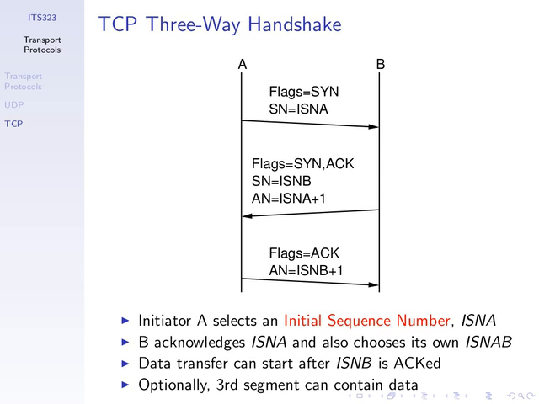ACK number equals 1432. We received 1431, ACK 1432. That's our connection establishment. Once that's done, they can start transferring data in either direction. A can send data to B, B can send data to A.